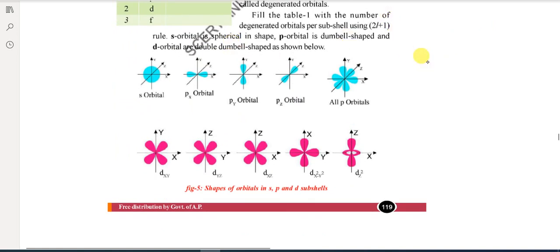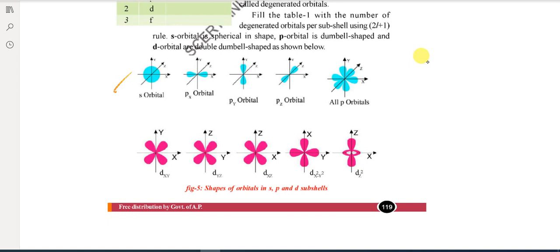Yes, in orbitals compulsory px, py, pz. Look carefully, px is on the x axis only, py on the y axis, pz on the z axis, the dumbbell shape. What is the dumbbell shape? The first one, s, is a spherical shape. D orbitals, how many d orbitals are there? 5.